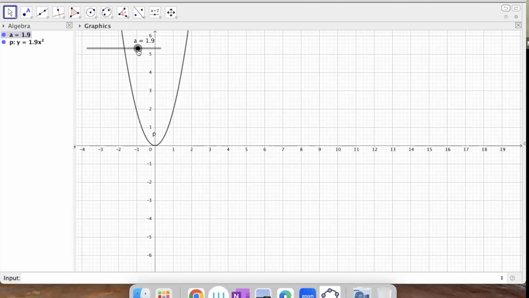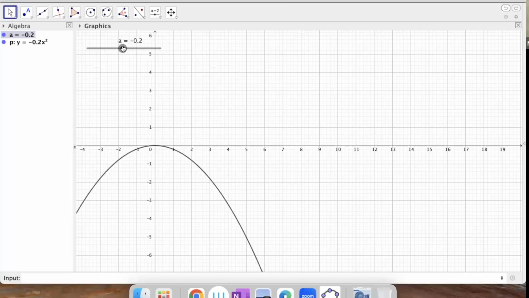Can you see? The graph is squeezing in. What happens when I decrease the value of a? Taking it to 1 again, making it y equals x square, decreasing it further. You see the graph stretching?